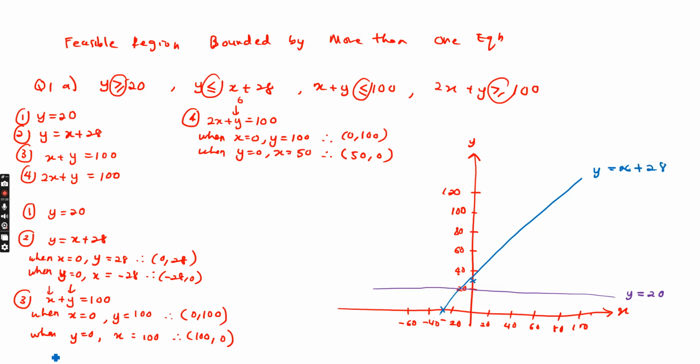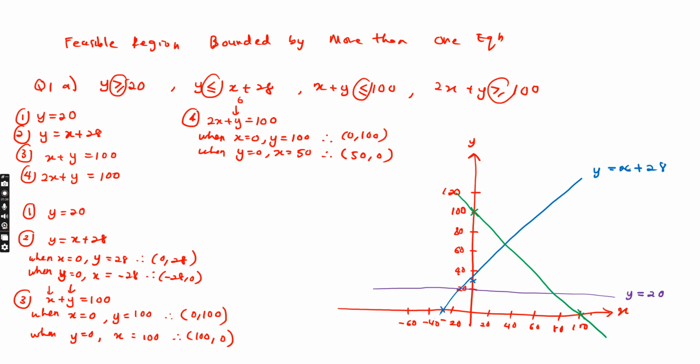Now the next one, we're going to use another color. The second one, which is x plus y equal to 100, right? The point is 0, 100. So 0, 100 here. And then 100, 0. So use this one now. Like that.